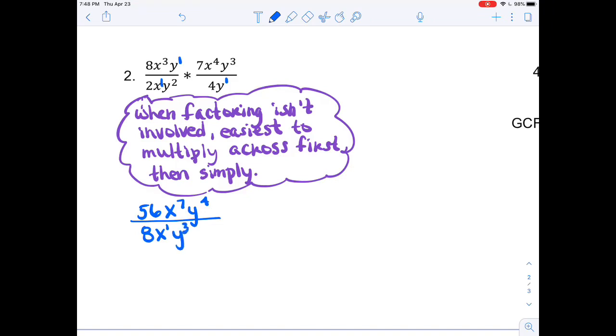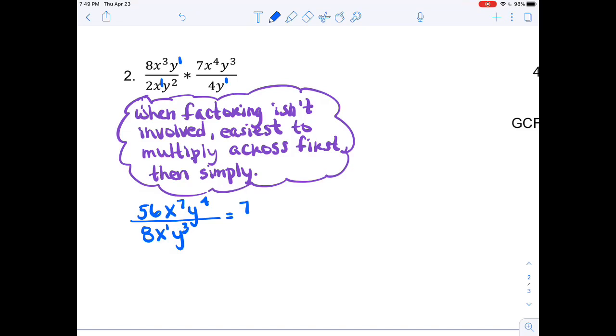So now that I have this all written as one fraction, I can use the D and S of MADSPAM, so the divide and subtract. So I'm going to divide my coefficients. 56 divided by 8 will simplify to just a 7. Then I have x to the 7th and an x to the first.